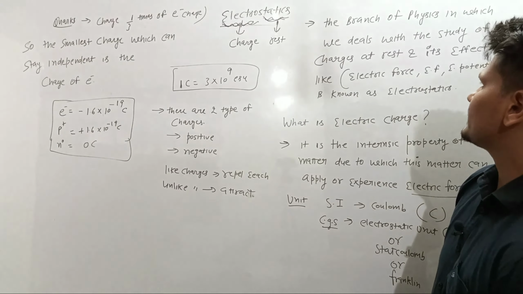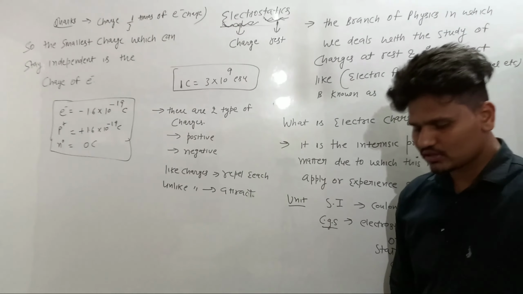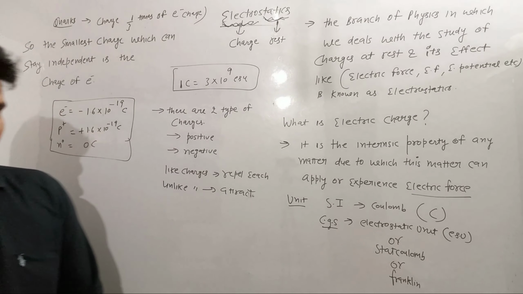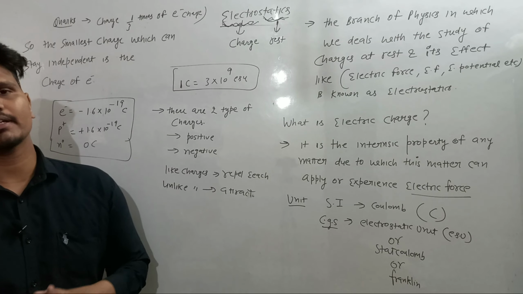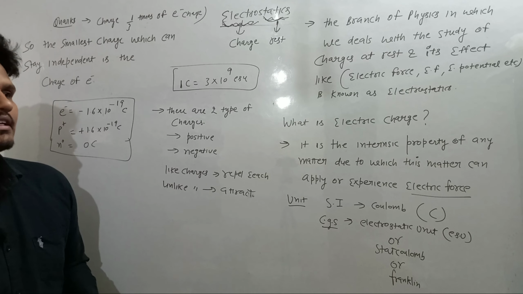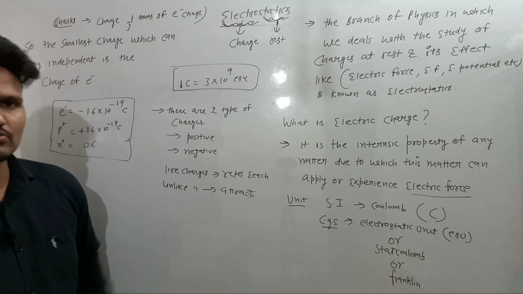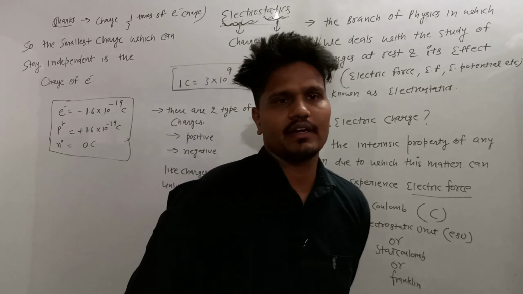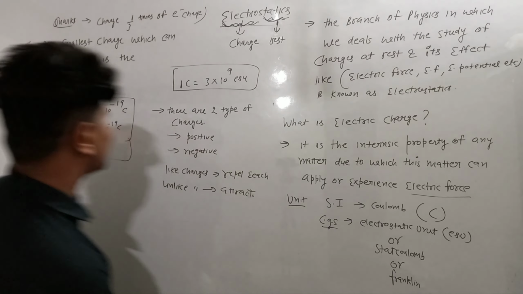Now the question is how the charge comes on a matter. We all know that in natural form all matter is neutral. Then how does charge come into existence? What is the origin of charge? This is our question, and we are going to answer that.